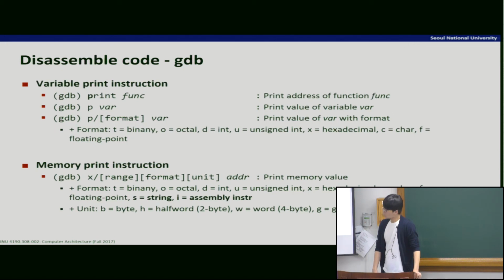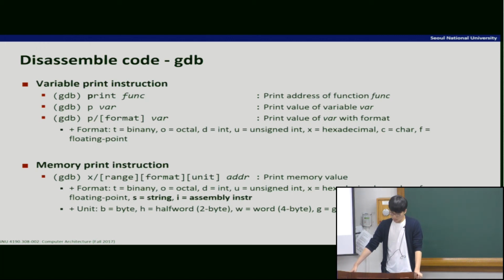Here are print instructions to see variables. p with a function name gives you the function address, and print with a variable gives you the value of the variable. If you want to change the variable format, you enter it with a format such as t, o, d, and so on, since p variable shows pure binary values.